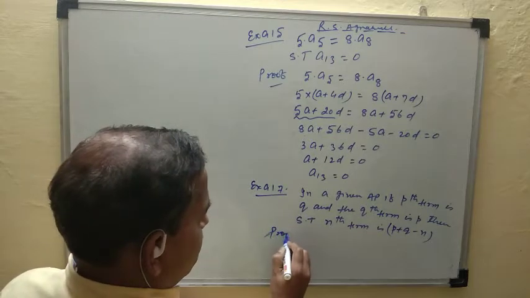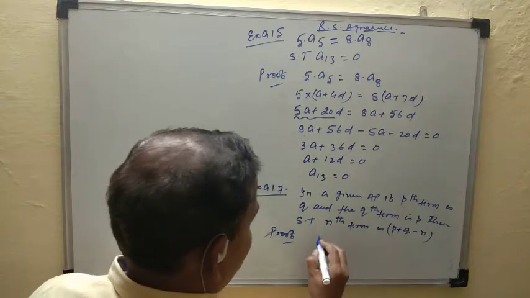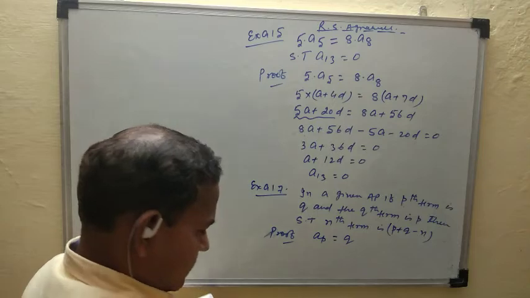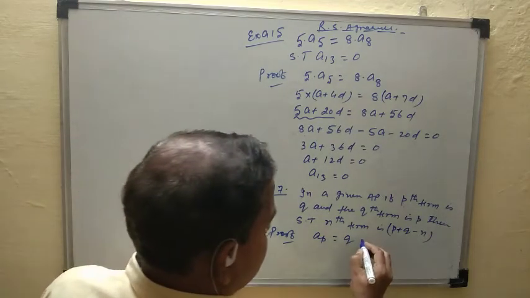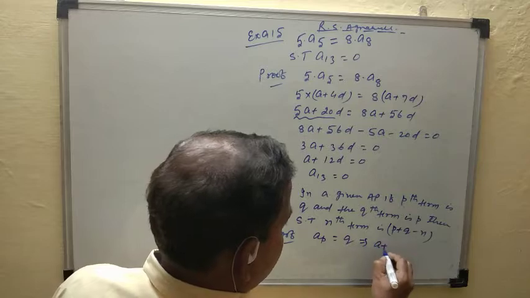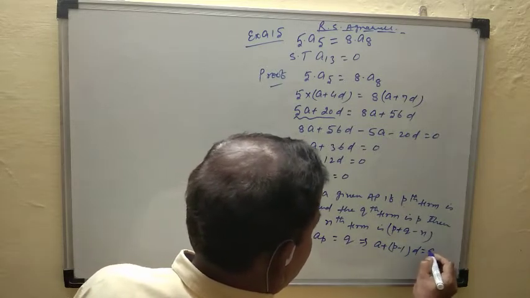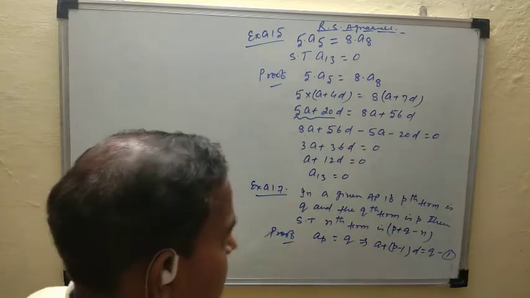So proof: the pth term is Q, that is AP is equal to Q. Given pth term is Q, and pth term, that is A plus P minus 1 into D, is equal to Q. Call it 1.